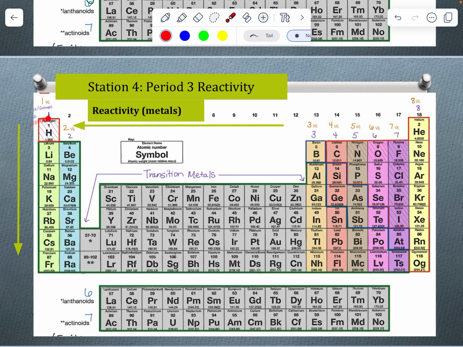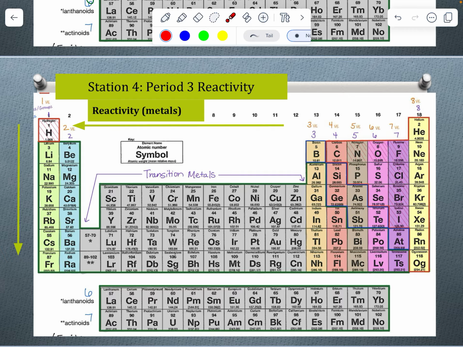In your explanations of this, we should see that because our Coulombic force is going to decrease as our energy levels move farther away from the nucleus, it's easier for those electrons to be removed. Also, as we move closer to only having 1 valence electron, we need to lose fewer electrons to get to an octet.